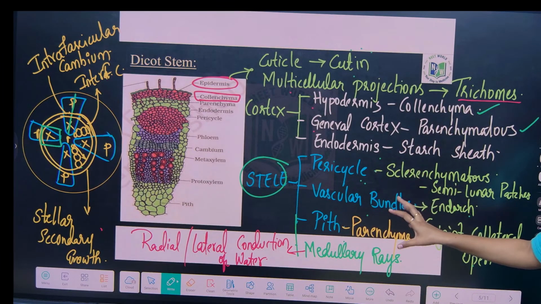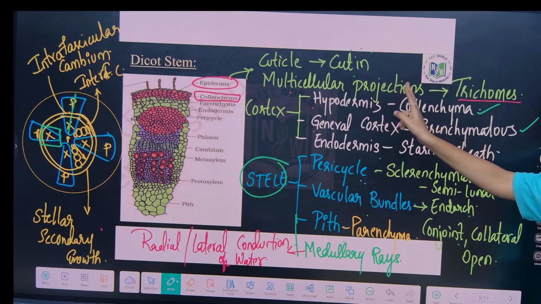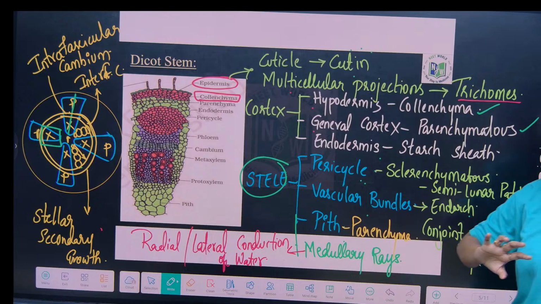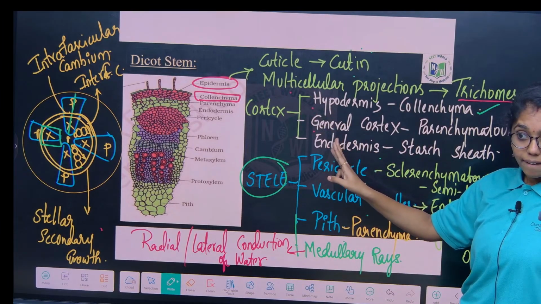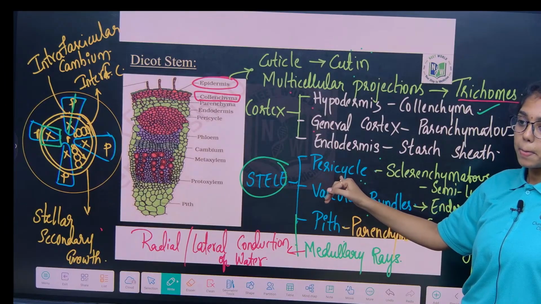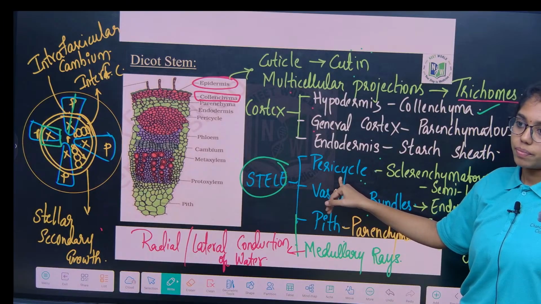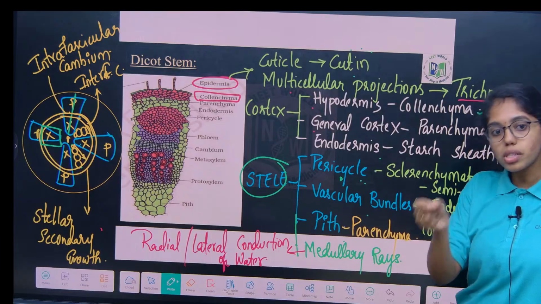Here itself I will tell you what are the tissues that come under epidermal tissue system. Under epidermal tissue system in dicot stem, what are the regions that come under? Epidermis. Only epidermis. Under ground or fundamental tissue system, what all comes under? Hypodermis, general cortex, endodermis and pericycle. That is the point. Many students will confuse between ground tissue system and stelar region.